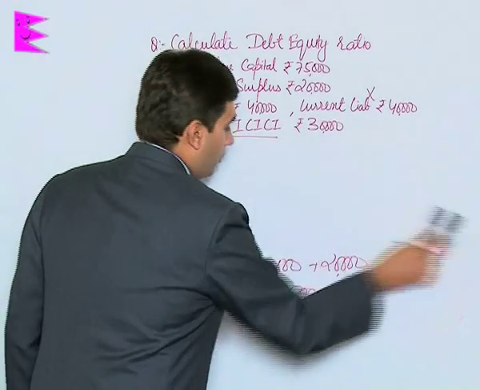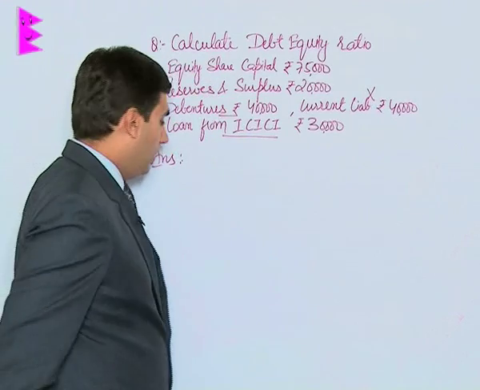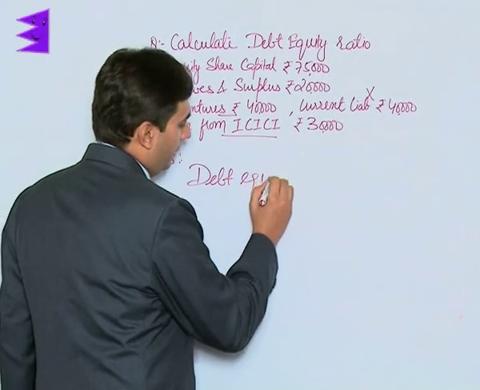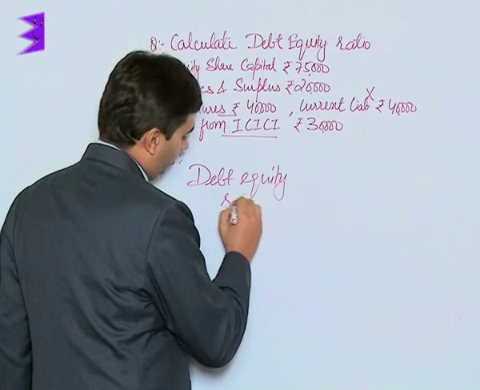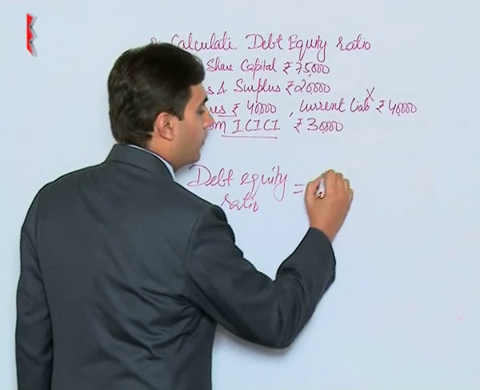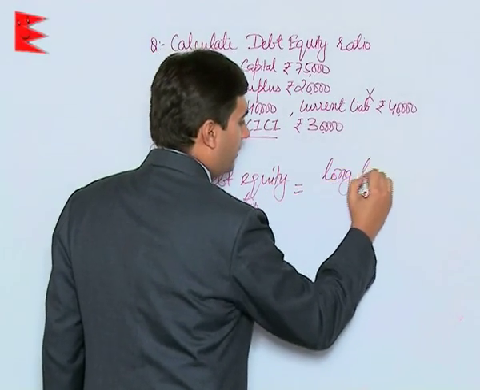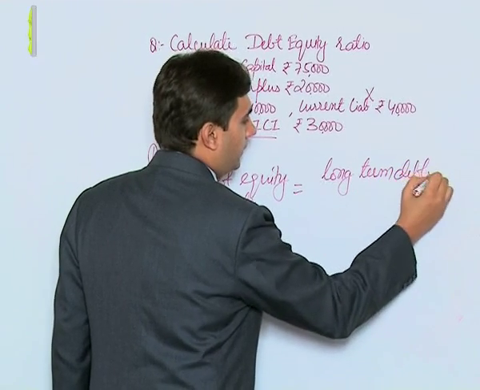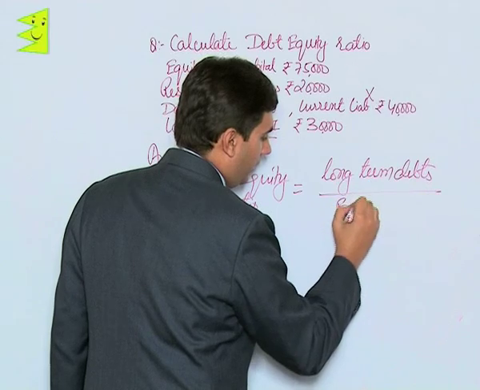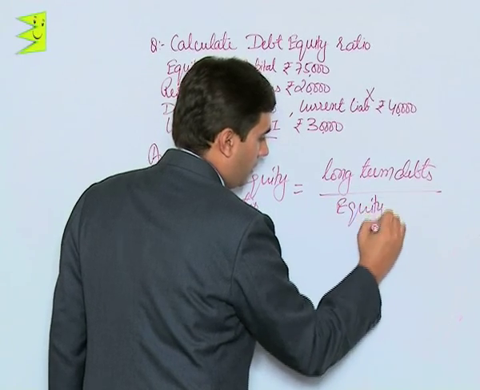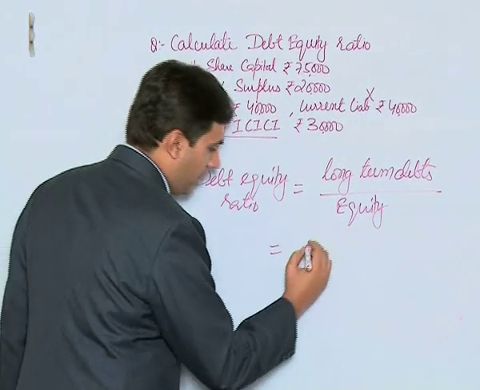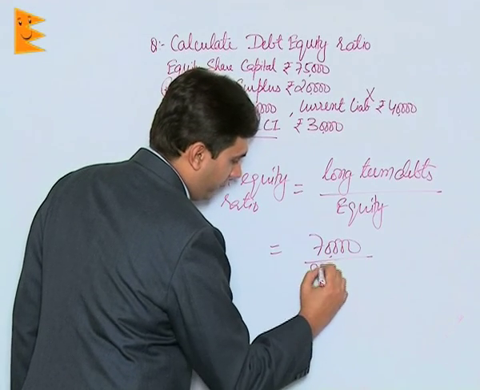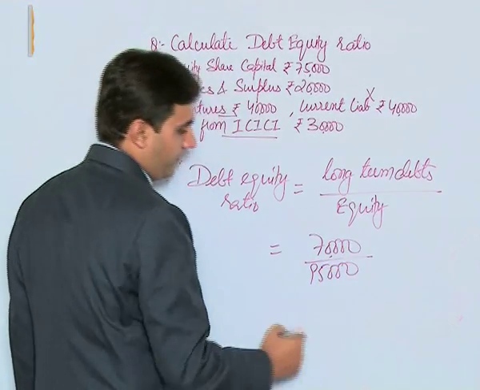Debt equity ratio is equal to long-term debts upon equity, which in this case are 70,000 for long-term debts and equity is 95,000.